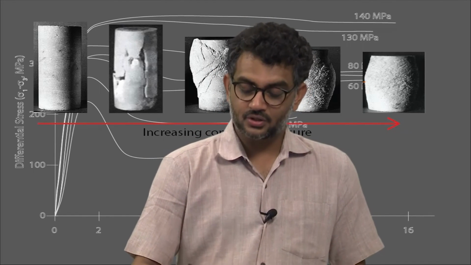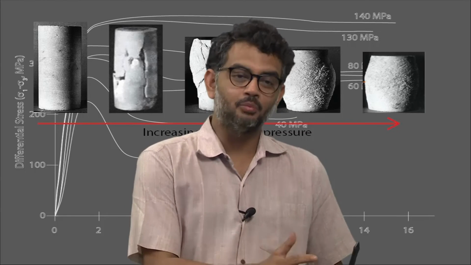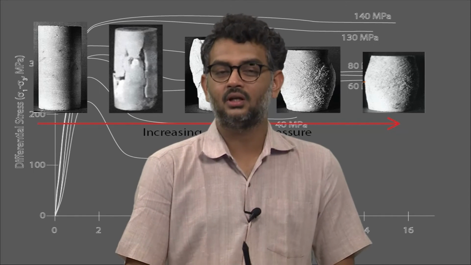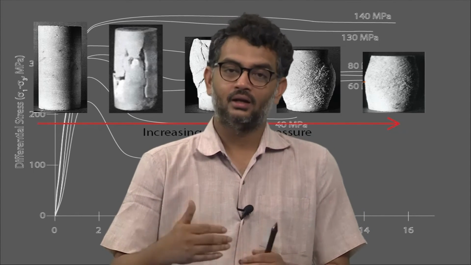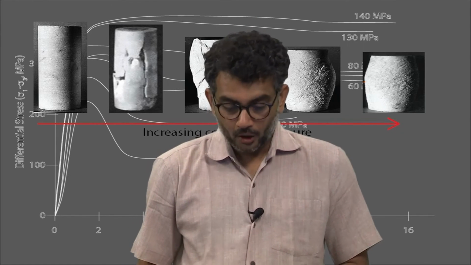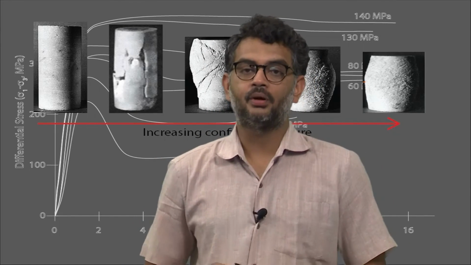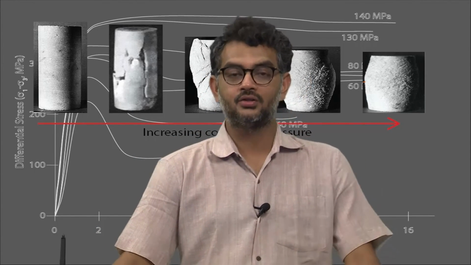But we still see with some granites, for example, this is Indian granite, and this is a kind of shale, where the strength increases slowly, even with Carrara marble, and this is because these rocks are not ideal elastic materials. So, they have some other components of the rheology, maybe viscous, maybe a little bit plastic, and therefore the strength does increase, but it does not increase the way we saw with the Yule marble in the previous slide.